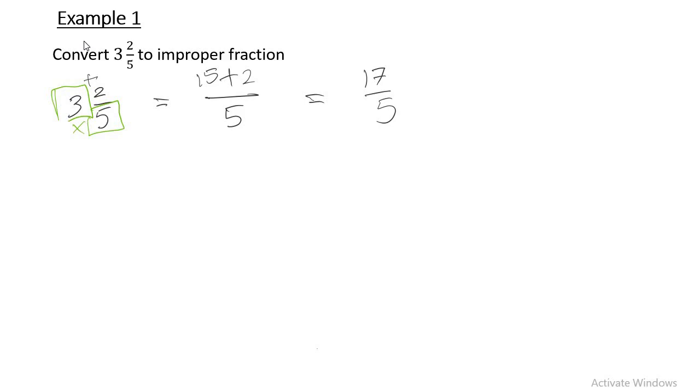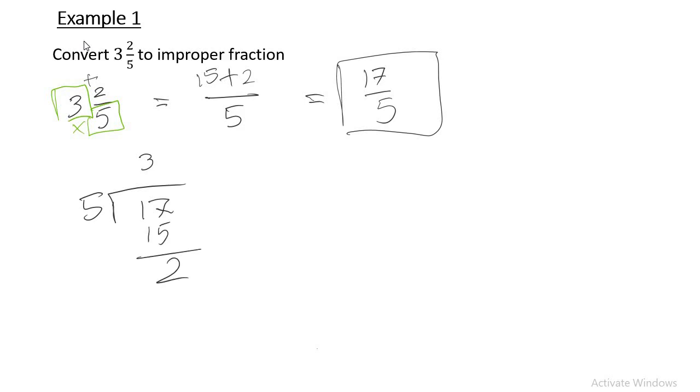And if you want to go back to the mixed form, we would have to do a little division. So we do 17 divided by 5. So 5 only goes 3 times into 17, so that would be 15, and the remainder will be 2.